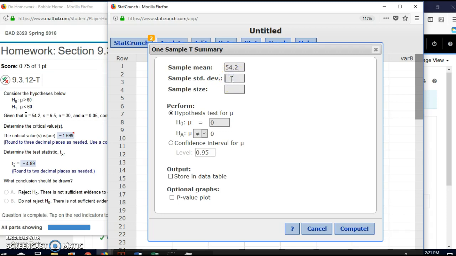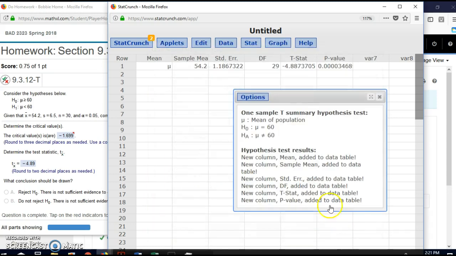We put in our standard deviation, which is 6.5. We put in our sample size, which is 30. Now I always put the hypothesis number in and then the confidence interval is already there. And you can see that your test statistic is negative 4.89.